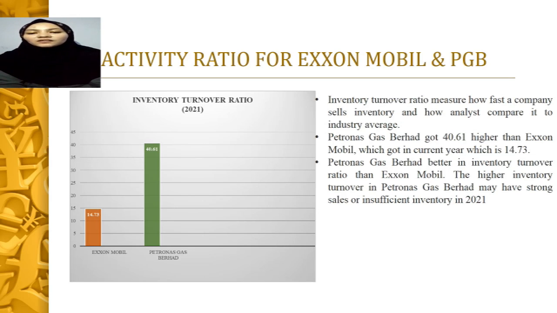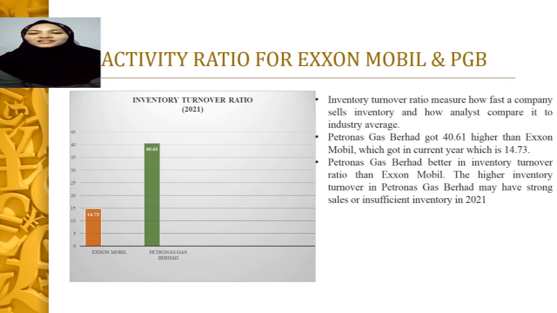This indicates that Petronas Gas Berhad is better in inventory turnover ratio than ExxonMobil. The higher inventory turnover in PGB may mean strong sales or insufficient inventory in 2021.